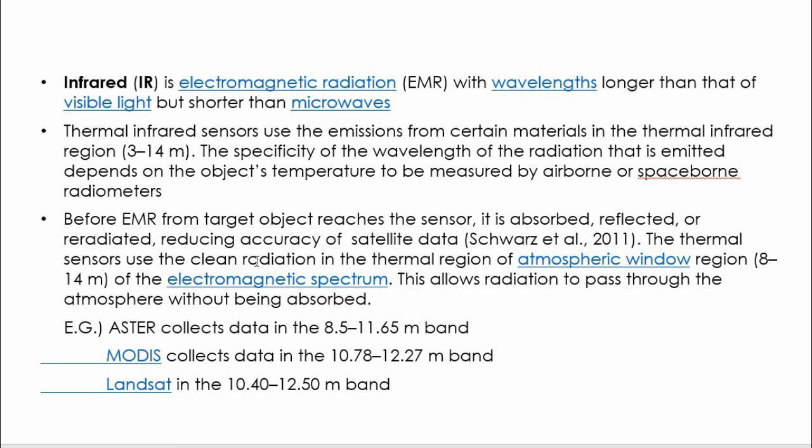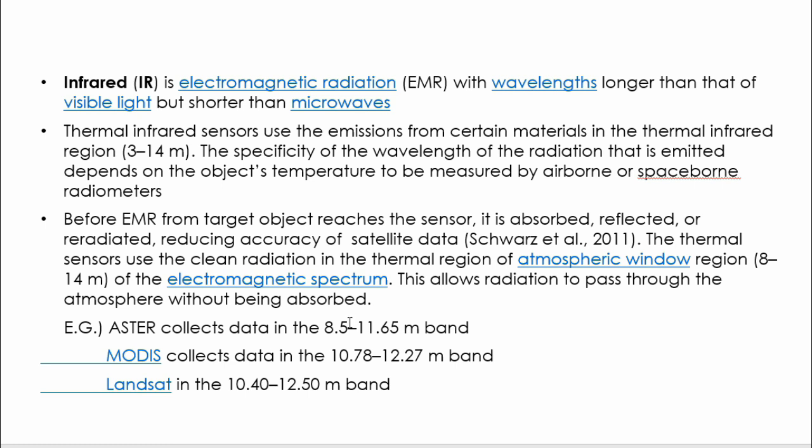However, there's an atmospheric window, like I explained before in the beginning. So we don't just use the entire range of infrared sensor. We just select the specific regions which must be transparent and free from atmospheric opacity due to absorption.